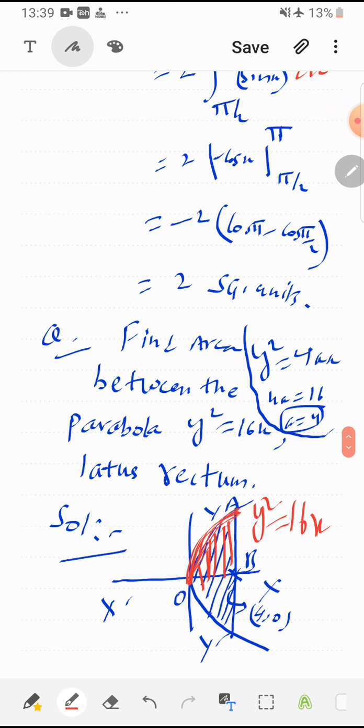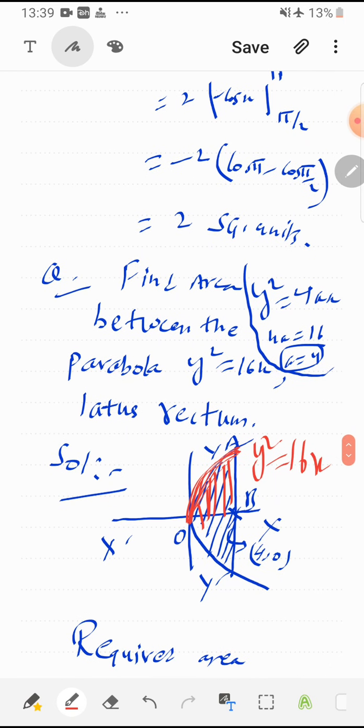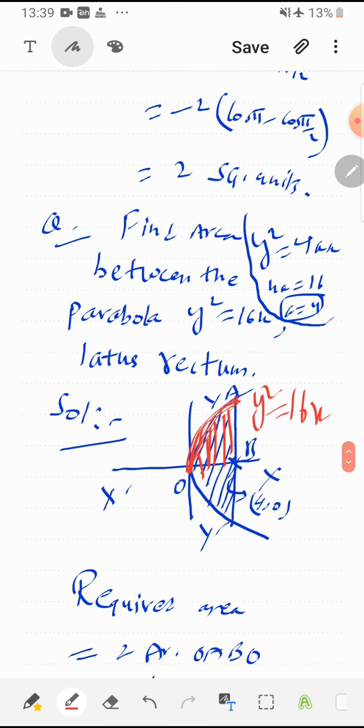Similarly, find the area between the parabola y square is equal to 16x and its latus rectum. As we know from basic coordinate geometry, if y square is equal to 4ax is the parabola, then a is 4. This is the point where the focus is located, and this is the point where the latus rectum is going to pass.